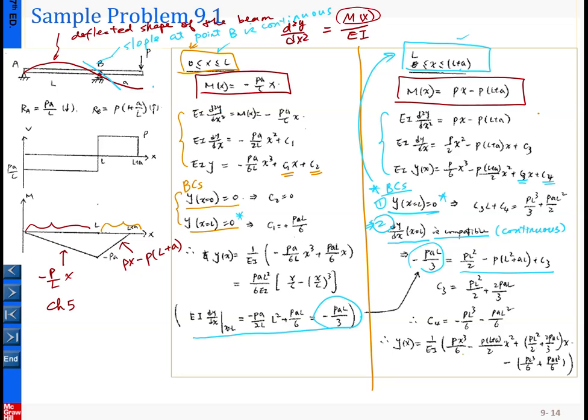I think this is very useful. So here we have identified the two boundary conditions, so the two integration constants can be solved. Assuming you solve it correctly, that is the result. This is an example I simply use to demonstrate this particular approach to identifying the boundary conditions.